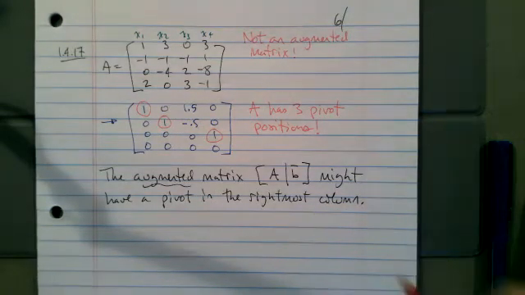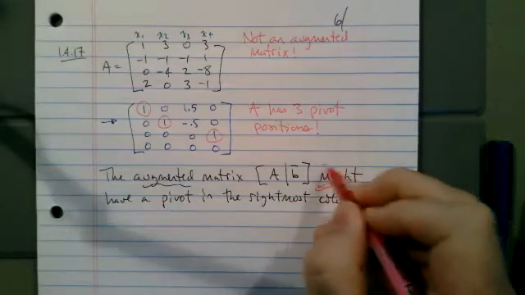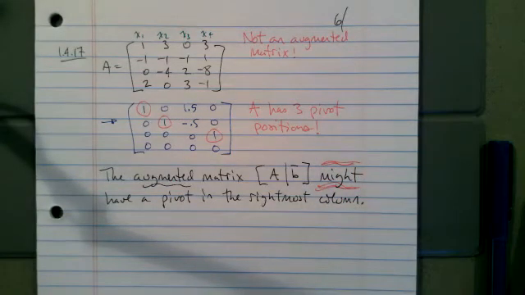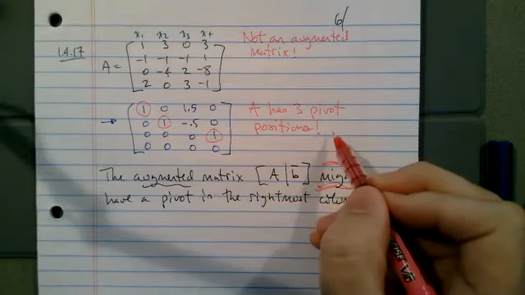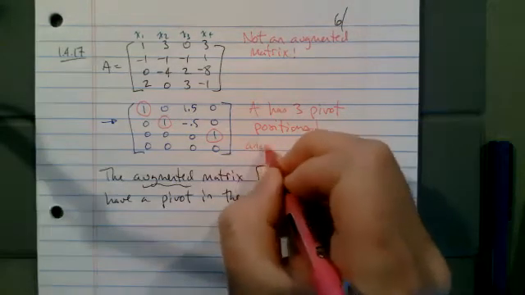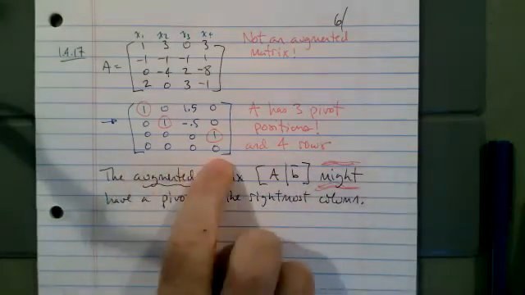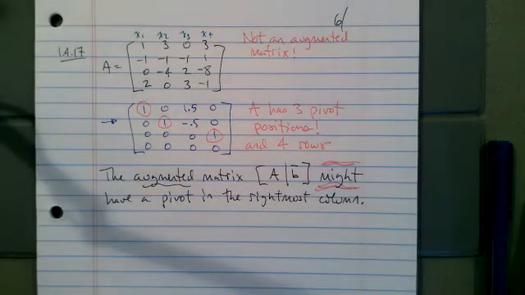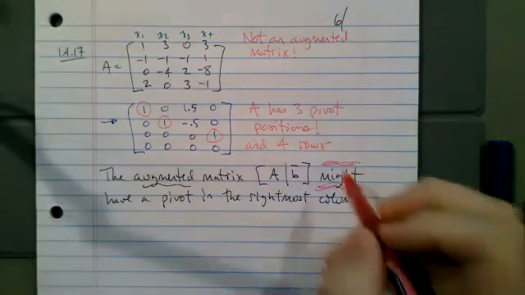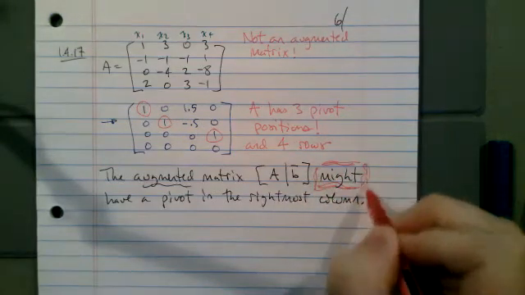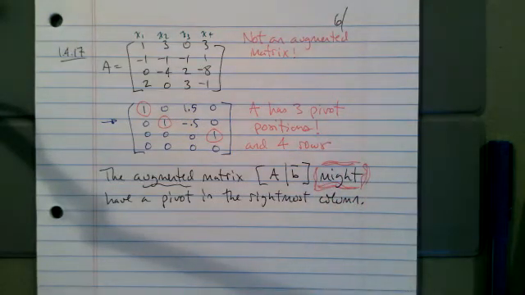Because A has 3 pivot positions and 4 rows, that open row down here means that if we made an augmented matrix with A, we might have a pivot in the rightmost column of an augmented matrix. What that means is that AX equals B is inconsistent for some choices of B.